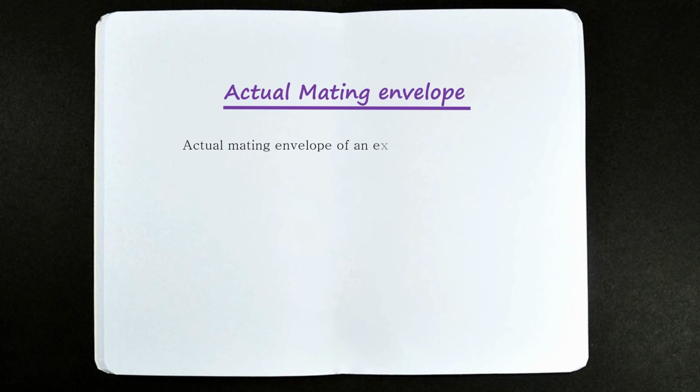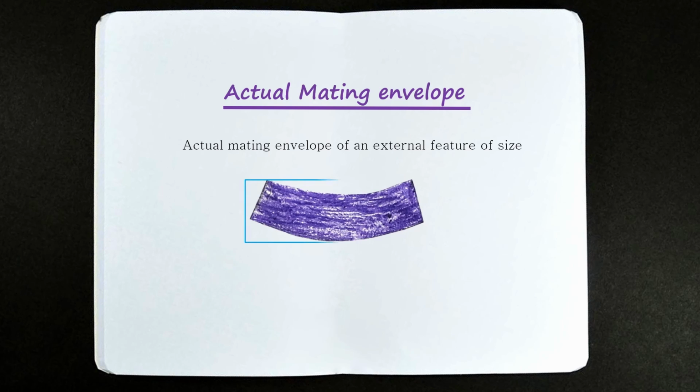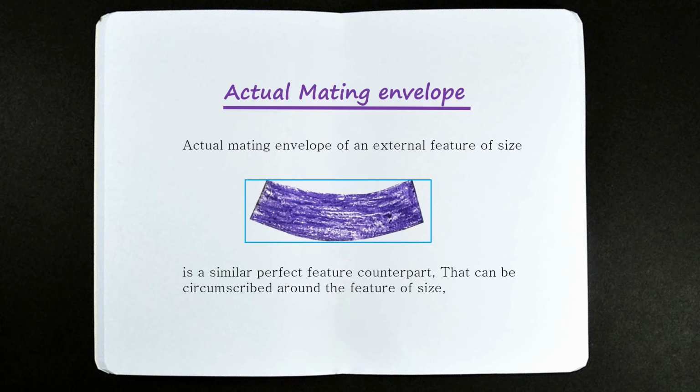Actual mating envelope of an external feature of size, like of this shaft, is a similar perfect feature counterpart that can be circumscribed around the feature of size, so that it just contacts the surface at the highest points. As we can see, this external actual mating envelope is contacting at only 3 points, which are the highest points of this shaft.